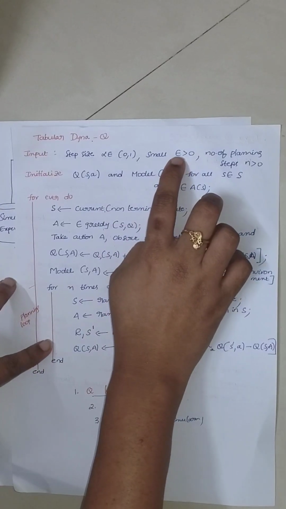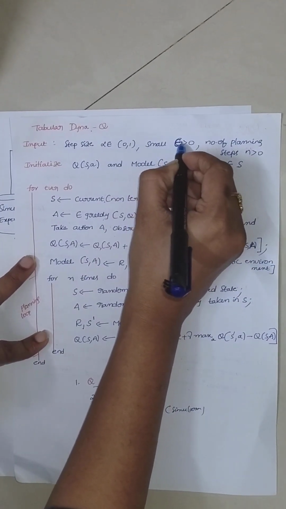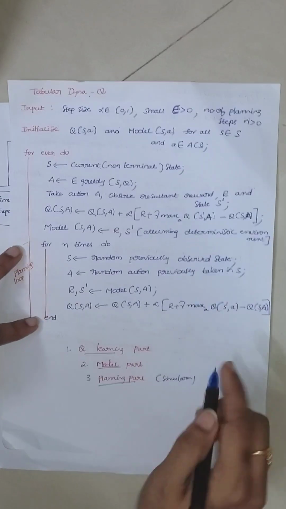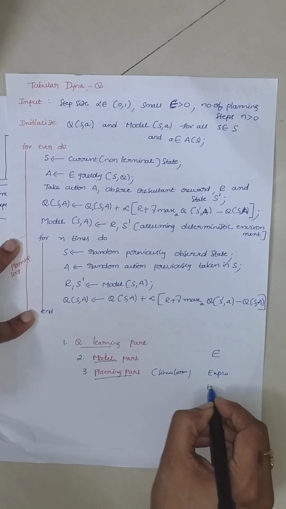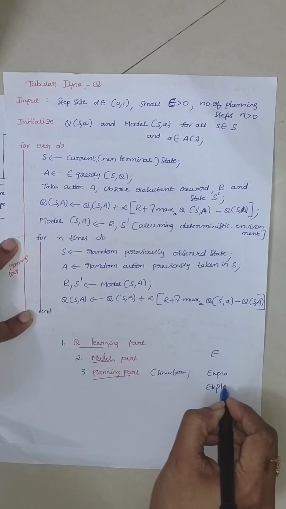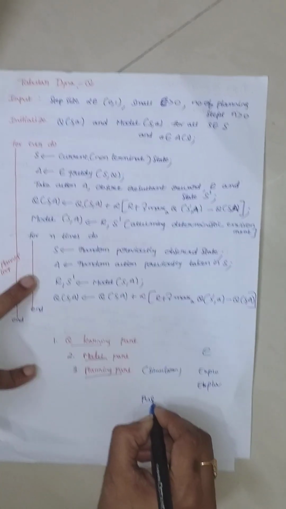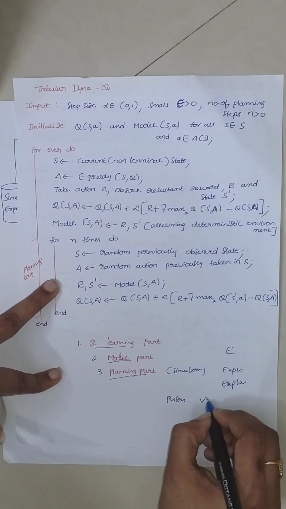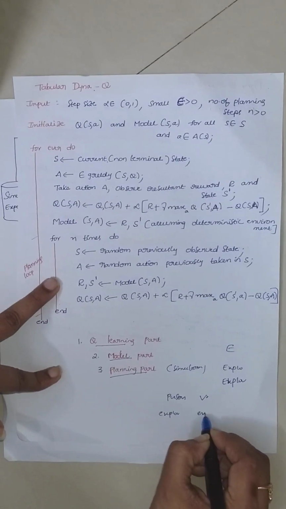Now epsilon, we all know epsilon, we have seen in unit 1 also. It is a greedy strategy for selecting action. For epsilon, we have seen it is exploration and exploitation. We have seen one example, a person visiting many restaurants. First he has to explore, then exploit.